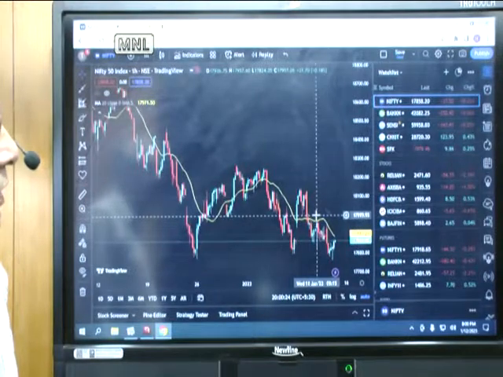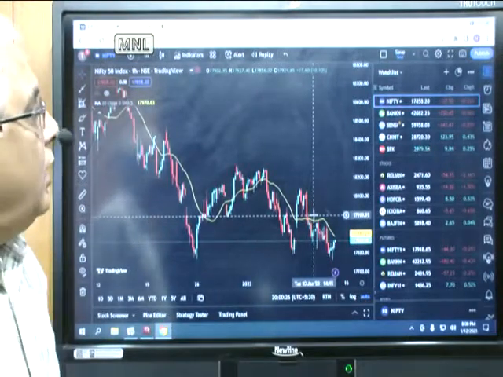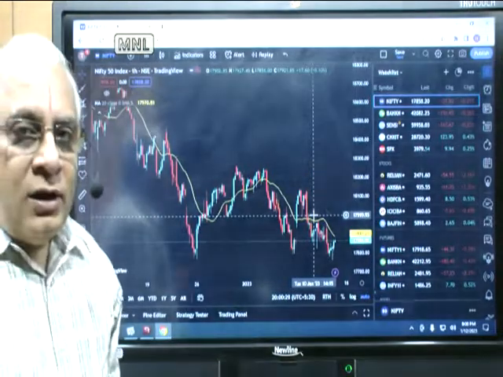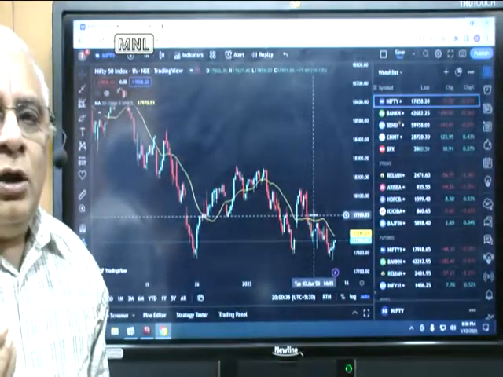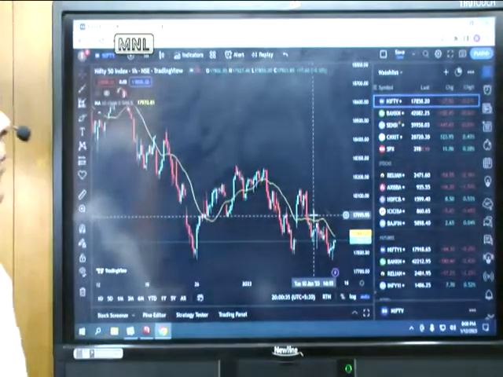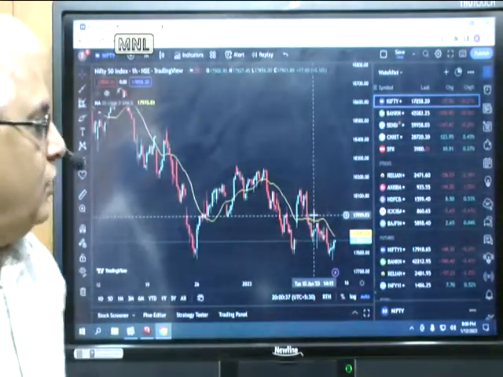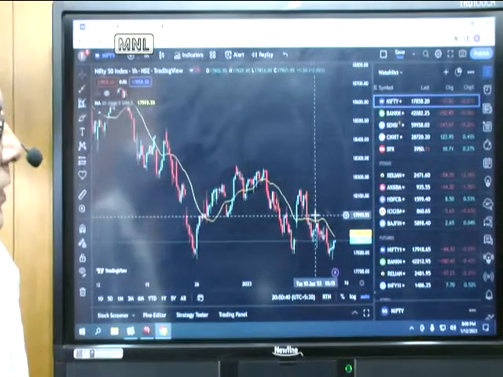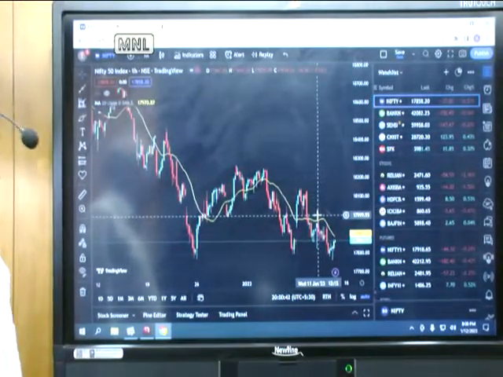What we said is that if it touched 887, it cuts 887, you can keep either 928 as a stop loss, or you can keep 975 as a stop loss, because the first move is always taken off fast. So 17,856, it moved to 17,976.